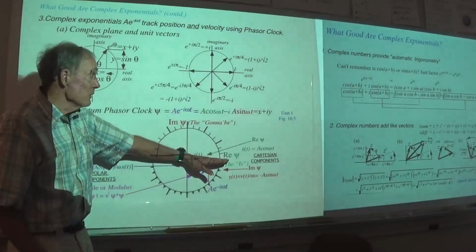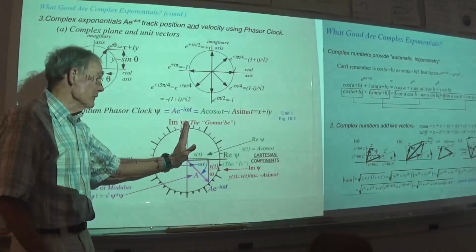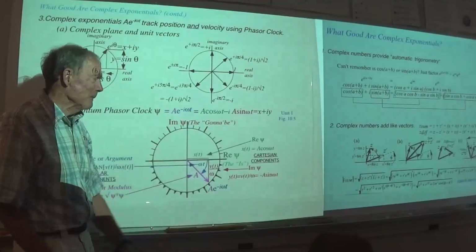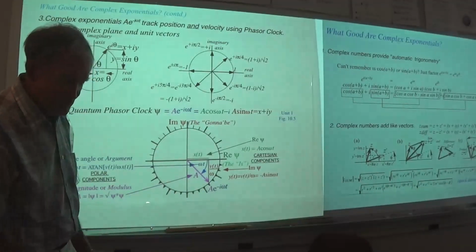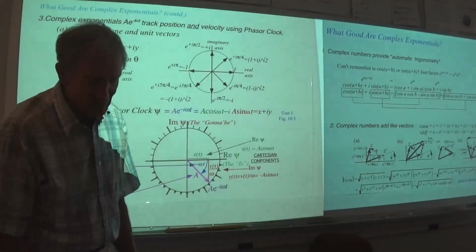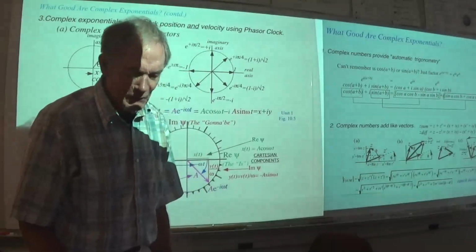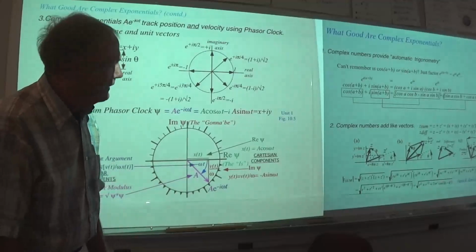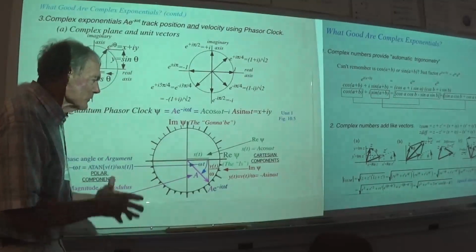a real part of a psi, a quantum number, and then the imaginary part, I call it the is, and the gonna be. You guys are probably too young to remember when Clinton was being quizzed by the prosecutor over his little affair with Monica Lewinsky, and he said, well, it depends on what is.